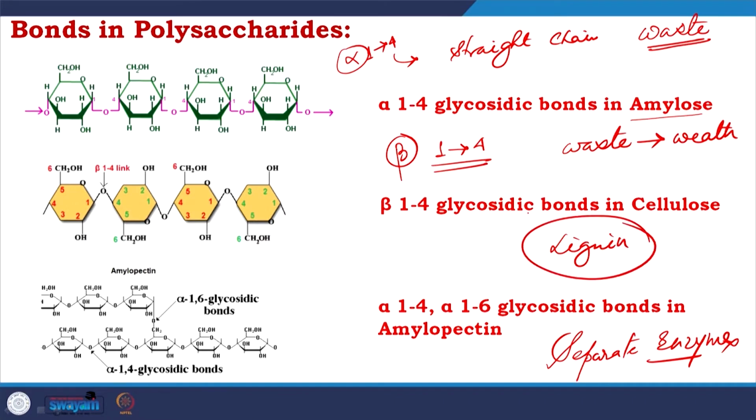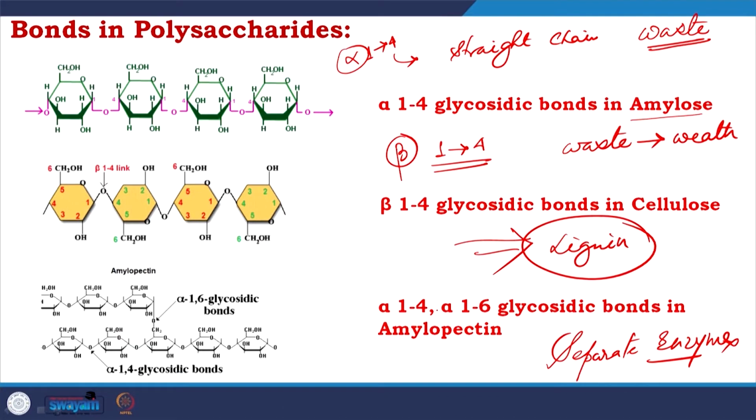If you take any waste from the field where the crops are coming, let us say from the paddy field, from wheat, from corn, you get a big amount of this as lignin. You will get cellulose, you will get hemicellulose and you get lignin.